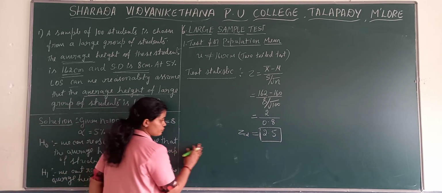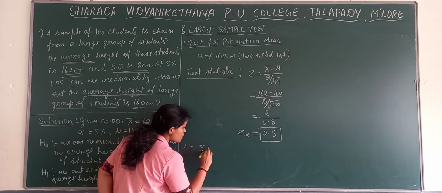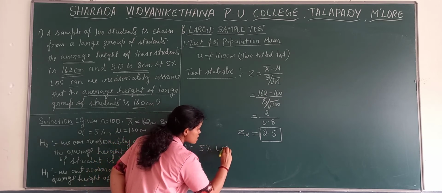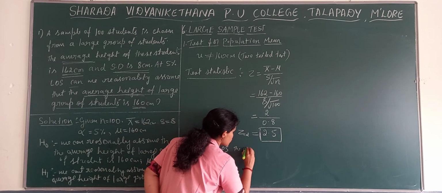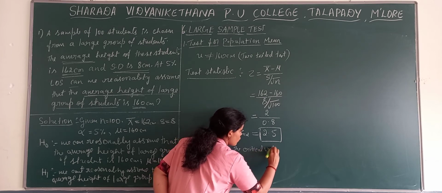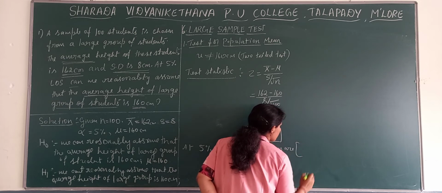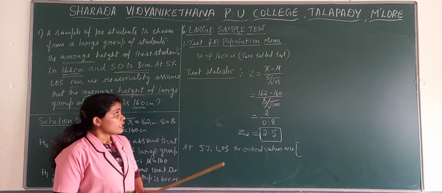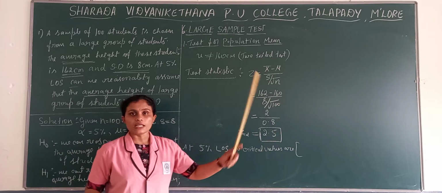At 5% level of significance, what are the critical values? How to take them? Yesterday I gave one particular table, the statistical table.